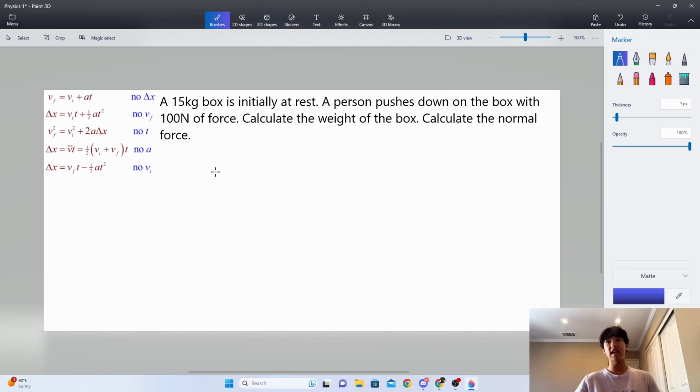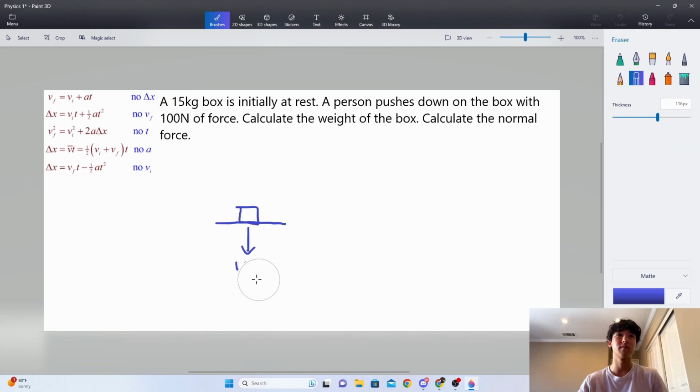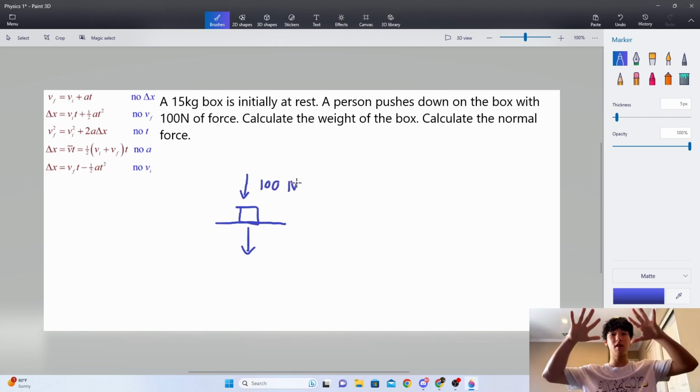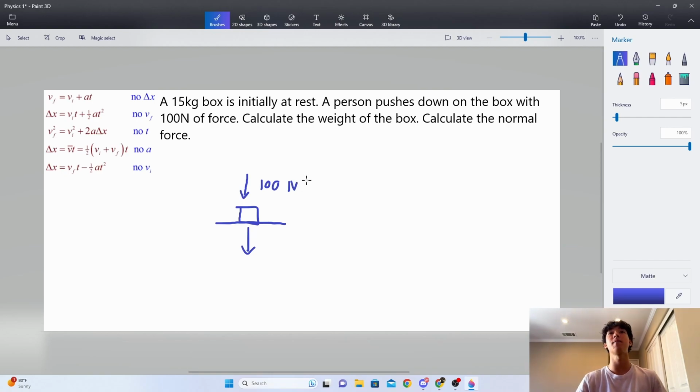Okay, guys, so a 15 kilogram box is initially at rest. A person pushes down on the box with 100 newtons of force. So we have a 15 kilogram box on the ground, and there's 100 newtons of force being pushed down onto the box, on top of the box. So calculate the weight of the box.